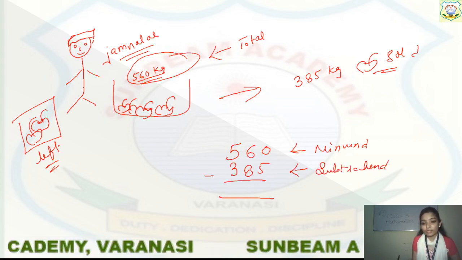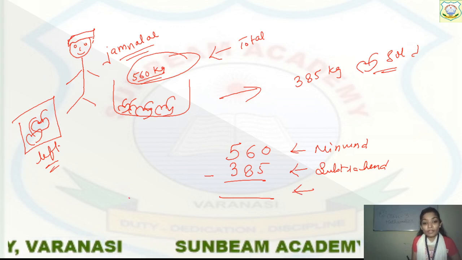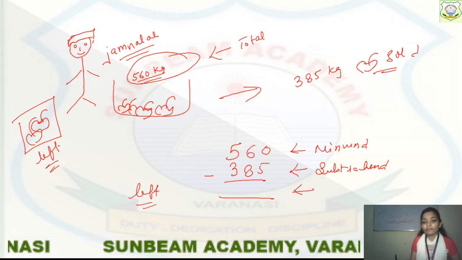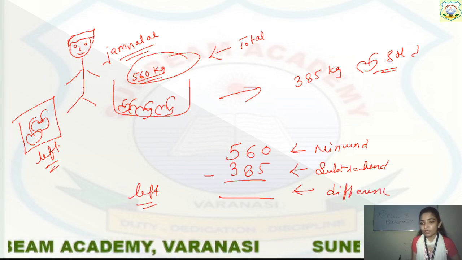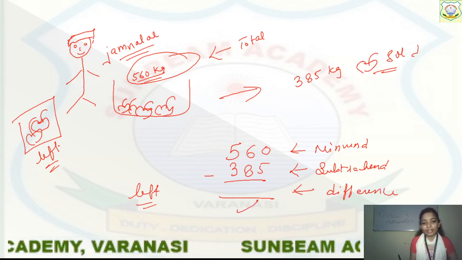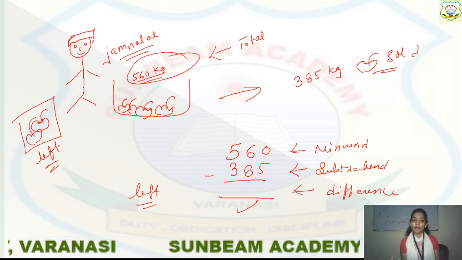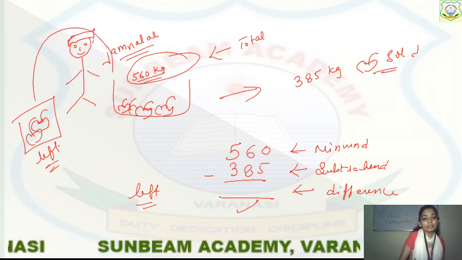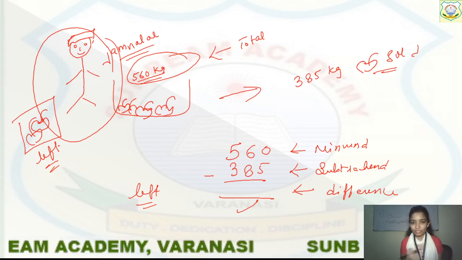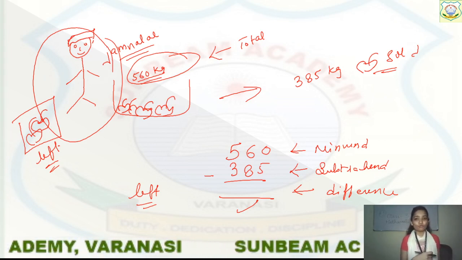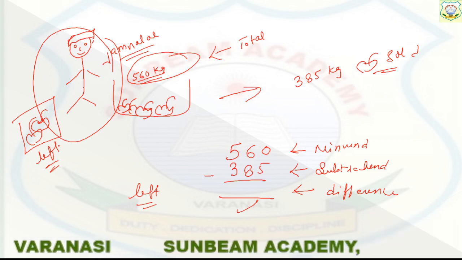This you have already studied. Now, how much is left? That we have to find out. That's the difference. Understood? So now we have to subtract and find out the difference, that is how many apples Jamna Lal is having. Understood the question? So now let's do the question.